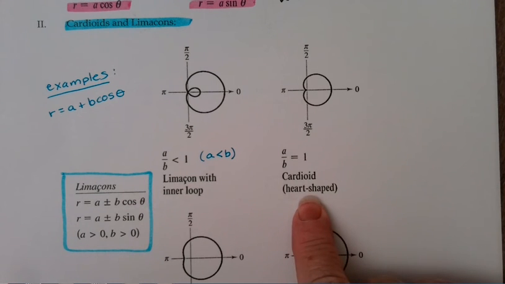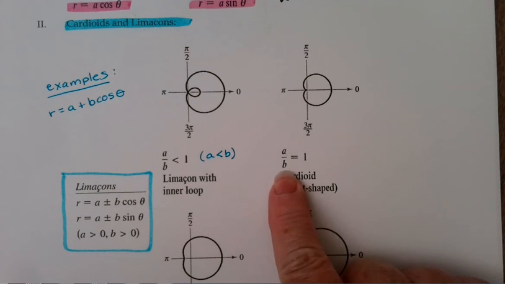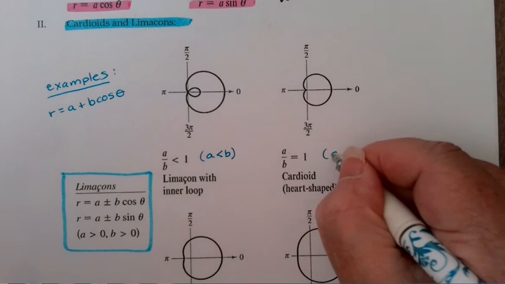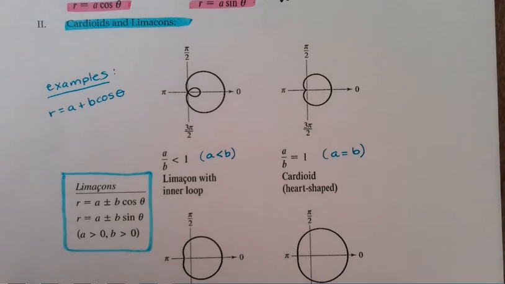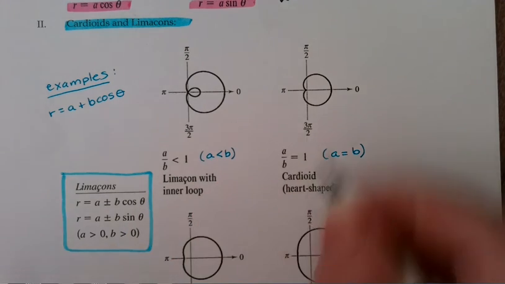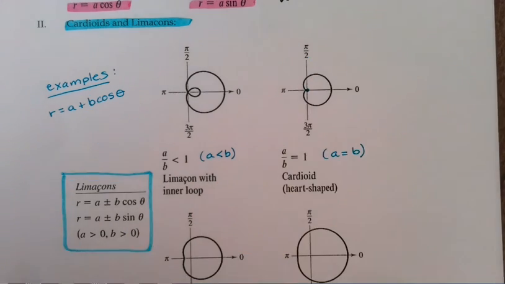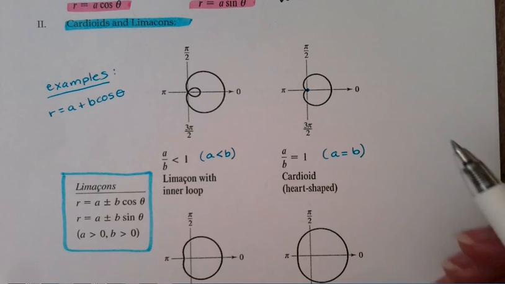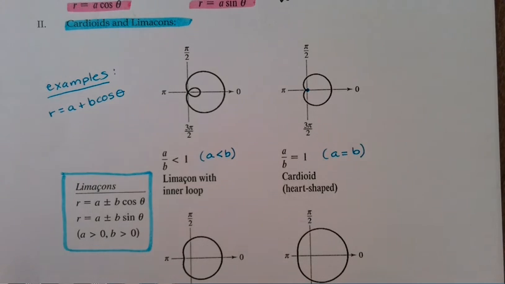A cardioid happens when a over b equals 1, or in other words, when a equals b. Notice that instead of a loop, a cardioid just comes to a sharp point right here at the pole. Cardioid, cardio, heart. Kind of sort of heart-shaped, although the heart's a bit rounded down here.